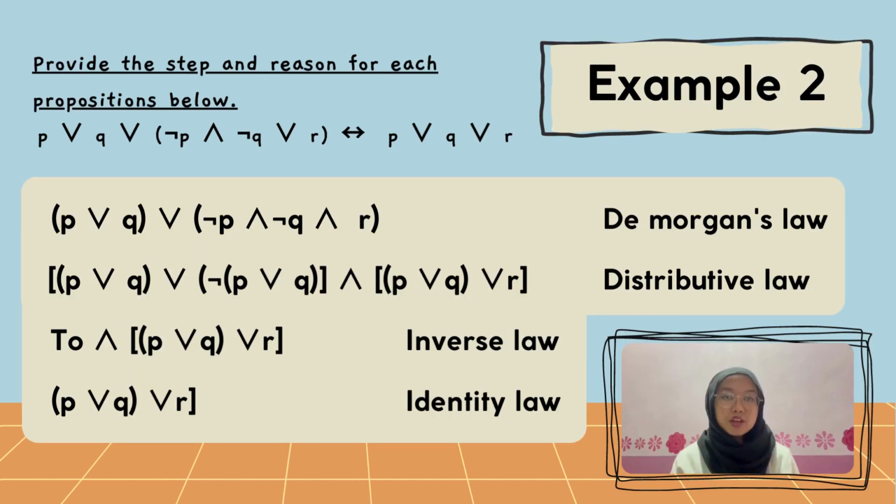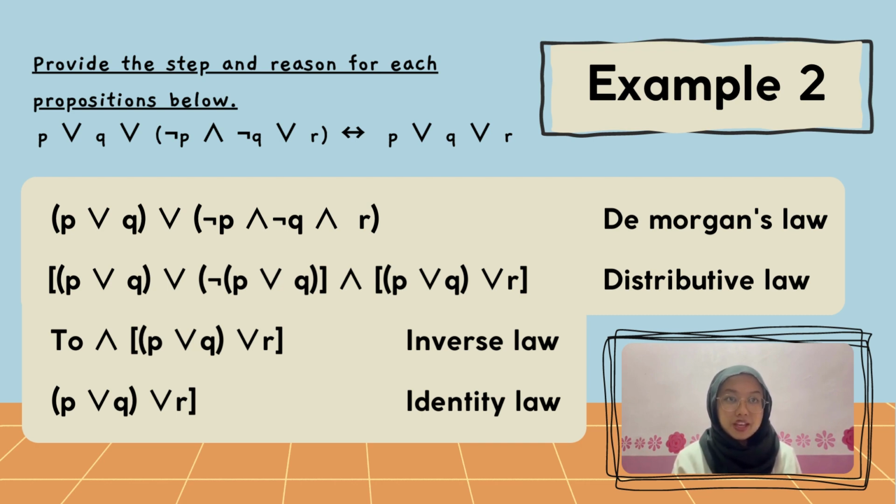Okay, for example 2, provide the step and reason for each proposition below. The question is P or Q or (not P and not Q, or R) is equivalent to P or Q or R. The first step is by applying De Morgan's law, you will get (P or Q) or (not (P or Q) or R).